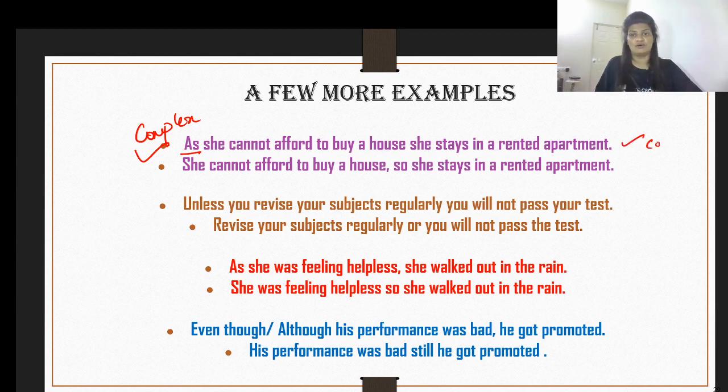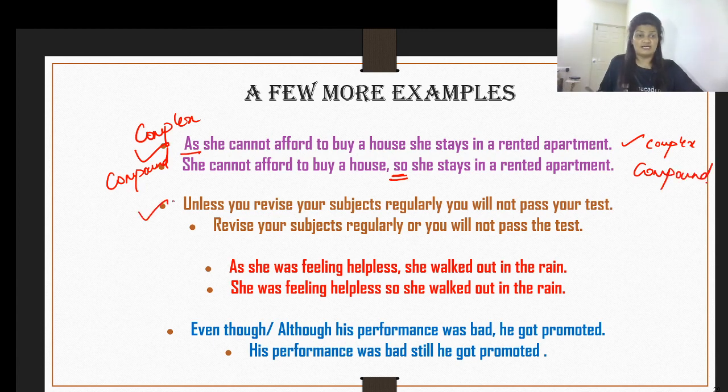Right now we got to convert that into compound by introducing fanboys, or coordinating conjunction. She cannot afford to buy a house, so she stays in a rented apartment. So there we have converted from complex to compound.